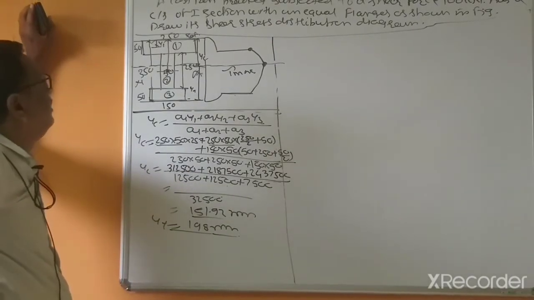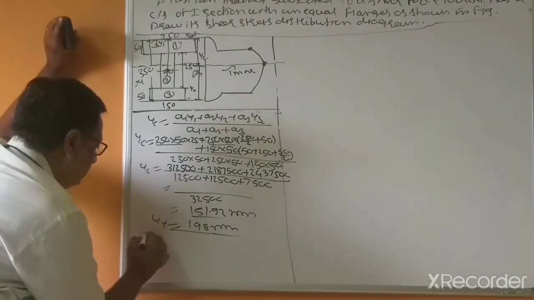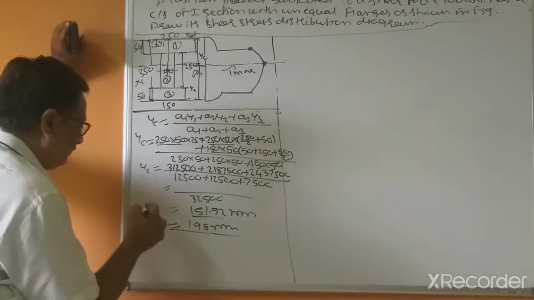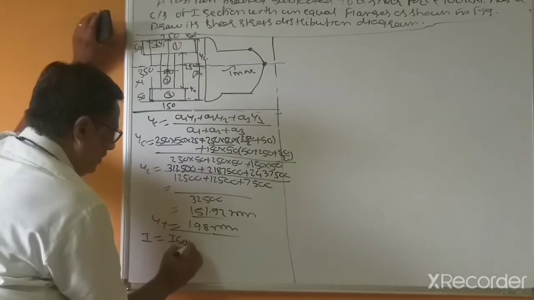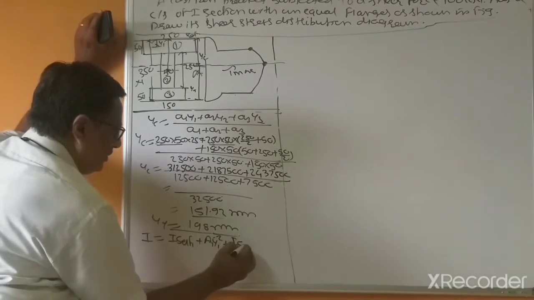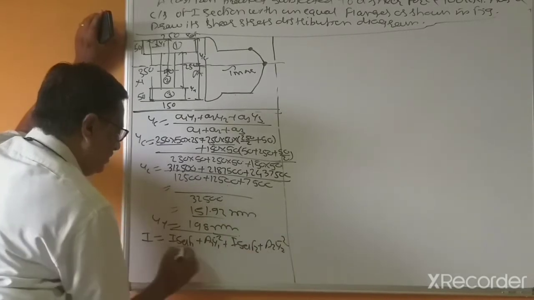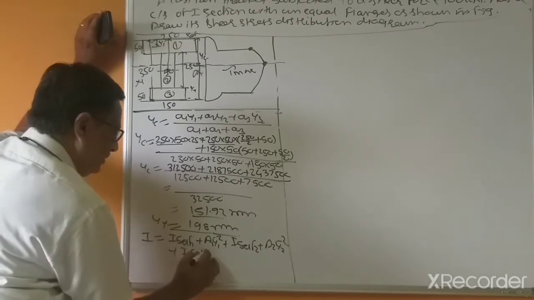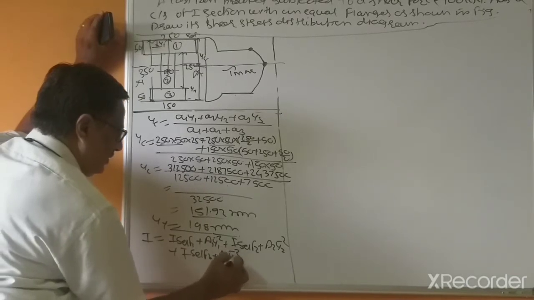So next portion is the calculation of the moment of inertia. For moment of inertia, the formula is first self moment of inertia plus A1 Y1 bar square, second plus A2 Y2 bar square, plus self third plus A3 Y3 bar square.